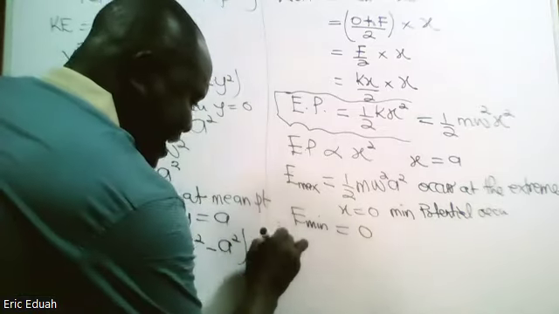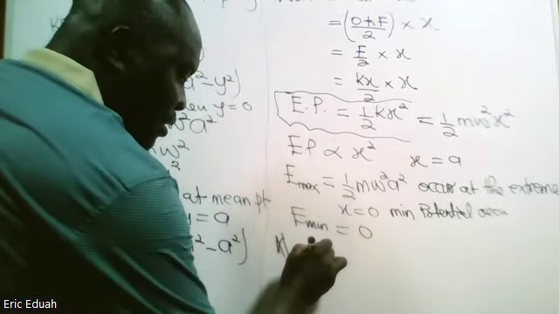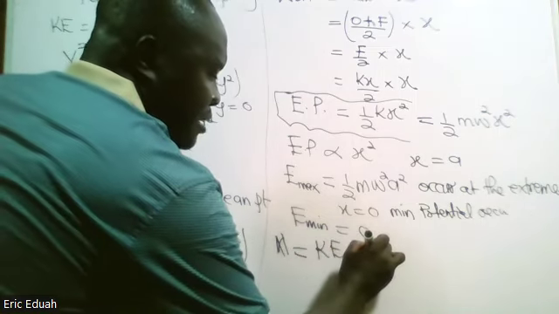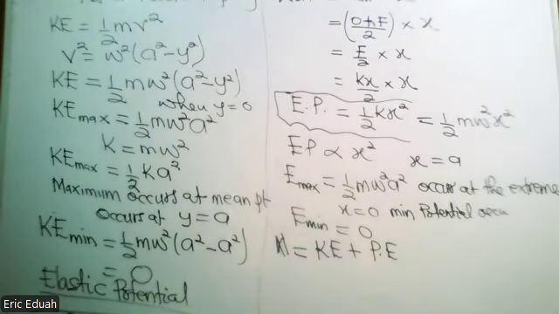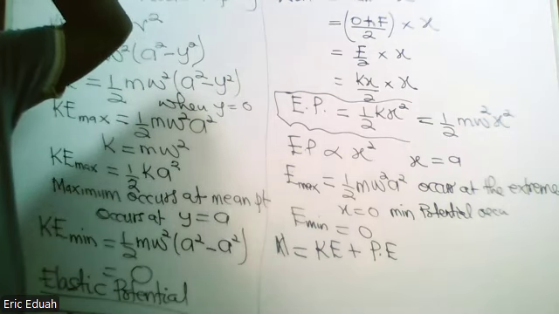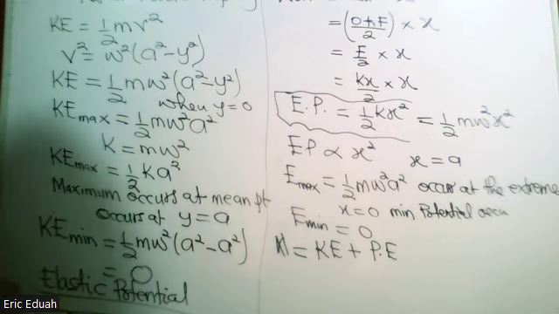Then we determine the total energy possessed. Total energy, which is the mechanical energy, we saw to be equal to kinetic energy plus the potential energy. I still repeat, this is for loaded springs. If it's a simple pendulum, the expression will change. I took you through that last time.